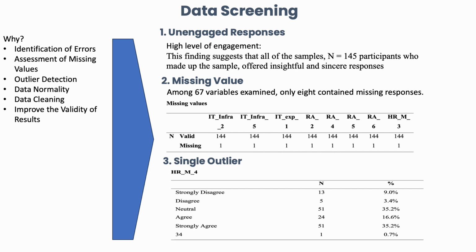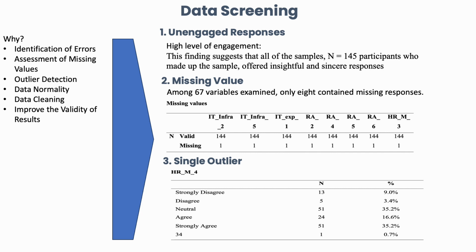The reason is the notable standard deviation in responses, which indicates active participation by the respondents, because all the sample, n equal to 145 participants, offered insightful and sincere responses. Now when we move on and look at missing values, among the 67 variables examined, only 8 contain missing responses. If we look at the table, each of these 8 variables has 144 valid responses out of 145, indicating high completeness and reliability in the data set.